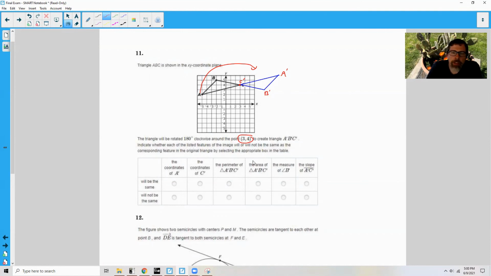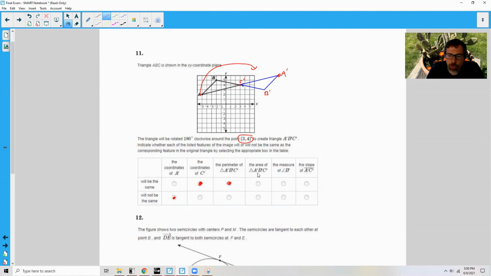Okay, now let's answer these questions. The coordinates of A prime. Well, here's A prime. They are not the same. Okay. The coordinates of C, actually I shouldn't do an X, I should fill it in. The coordinates of C prime. Well, C prime stayed the same. That was our point of rotation. The perimeter, rotations preserve size. Perimeter will not change.